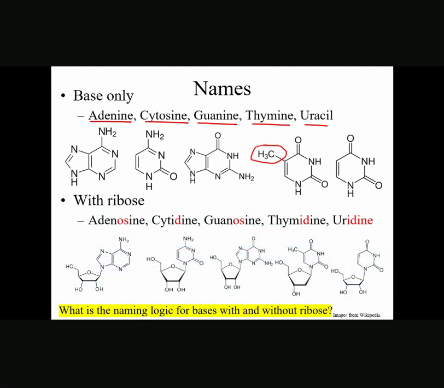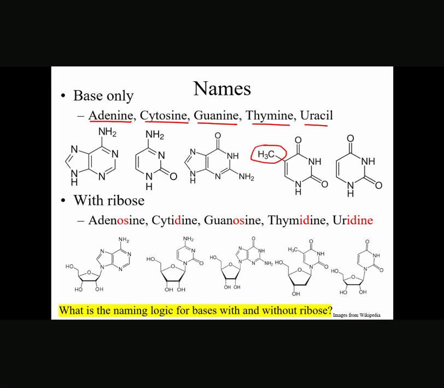Once we attach those bases to the ribose ring, they become adenosine, cytidine, guanosine, thymidine, and uridine. I will tell you right now, I do not have any test questions on this because I myself mix this up. And if you catch me mixing this up, I will not take offense if you call me out on it, just so we're on the same page vocabulary wise.